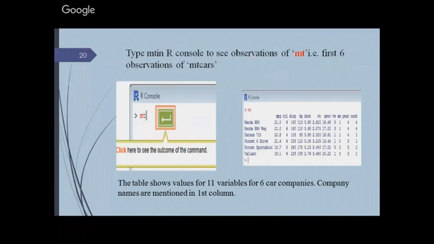So the variable is holding this matrix type data, right? On the left hand side, you have the list of all the car varieties, and on the column side above, all the variable names.